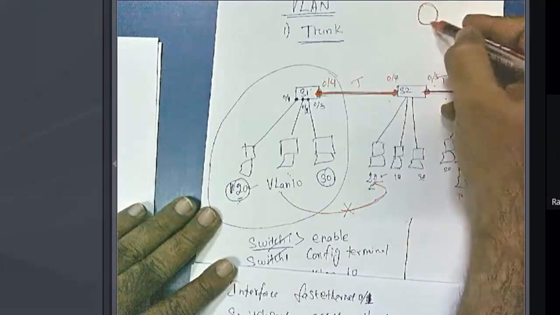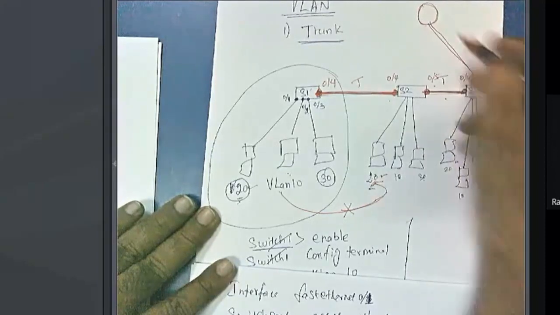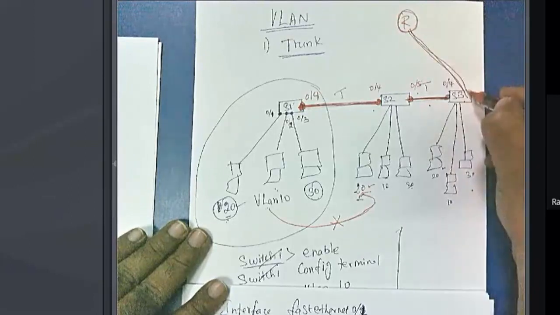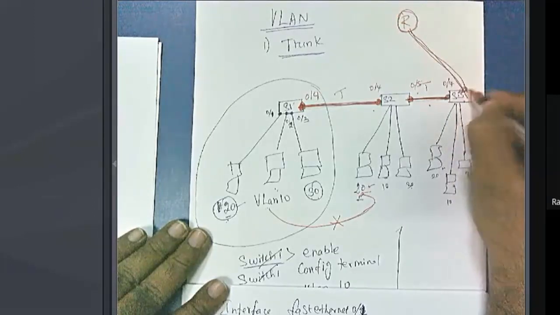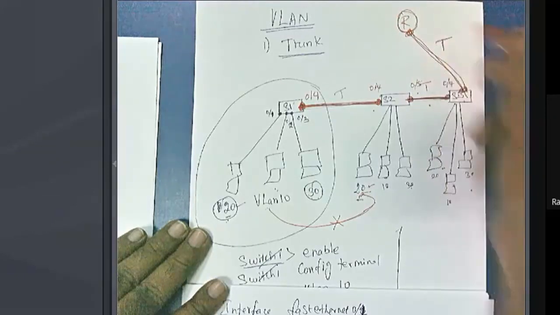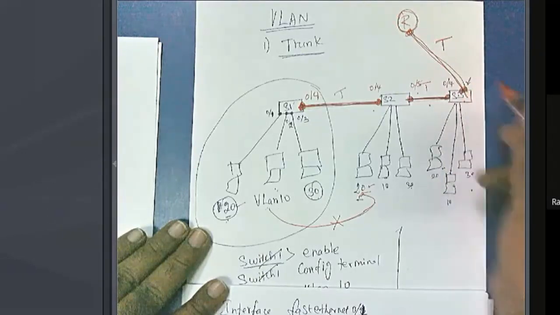If the router is connected here, now this is also going to be a trunk. Go to this interface, whatever the name is, and make it a trunk: switchport trunk native VLAN 99.